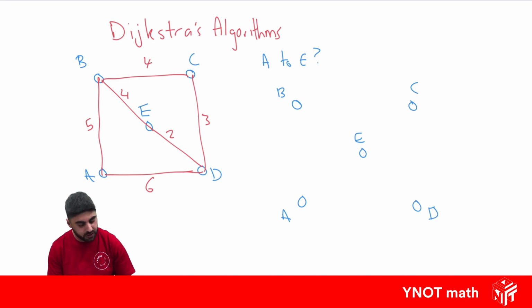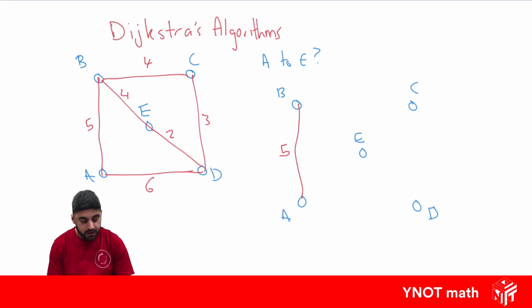So our options from A are to go from A to B or from A to D. And the one with minimum distance is the one from A to B, which is 5. So we're going to connect that one, which is 5.